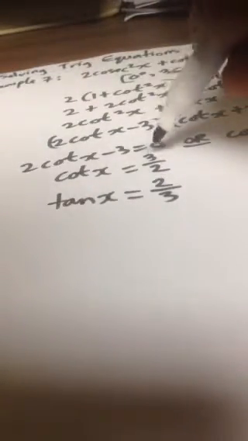Now remember, cot x is the reciprocal function of tan x. So if cot x is equal to 3 over 2, then tan x is equal to 2 over 3. Tan x will be equal to the reciprocal of 3 over 2, so tan x equals 2/3. Our reference angle alpha is equal to tan inverse of 2/3, and that is equal to 33.7 degrees.